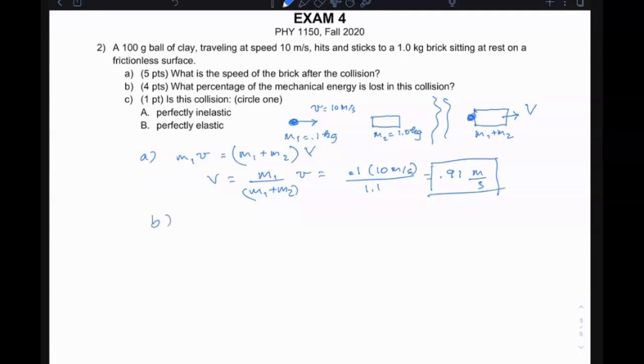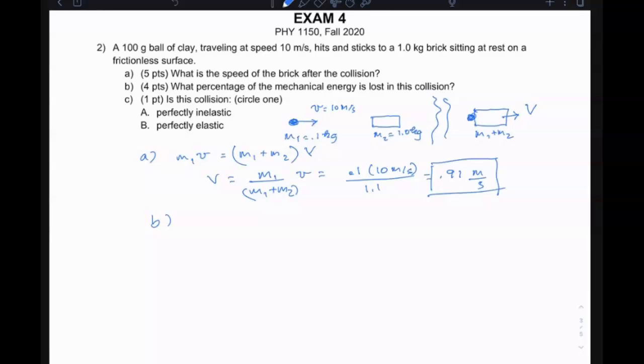Part B: what percentage of mechanical energy is lost in this collision? Well, there's no change in potential energy since the motion is horizontal. So the only change in mechanical energy in this collision is the change in kinetic energy.